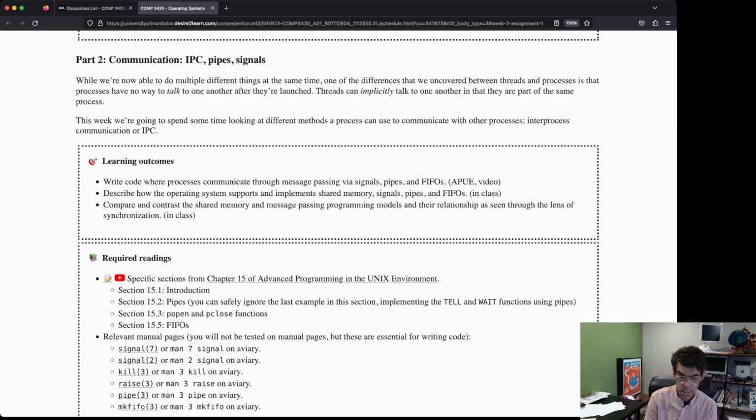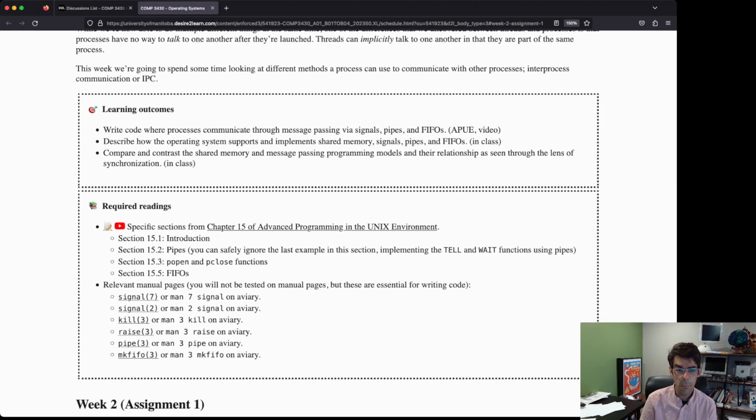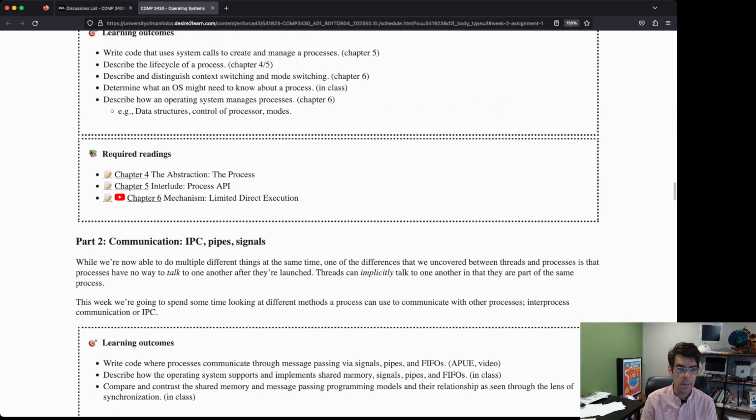At the beginning of this week, though, we spent most of our time talking about FIFOs, pipes, and how those things modify the process control block and the open file table. When I'm thinking about describing how the operating system supports those things, and how an operating system manages processes, these are the kinds of things I'm thinking about.